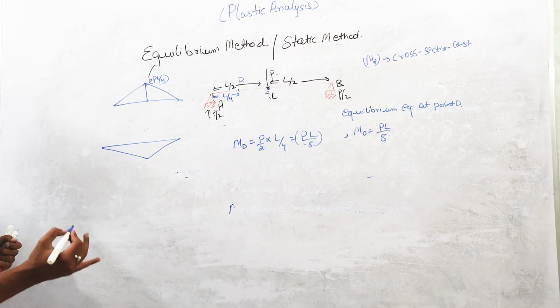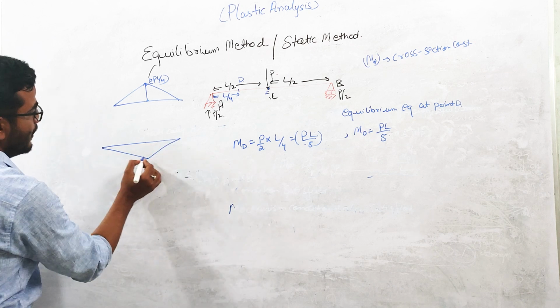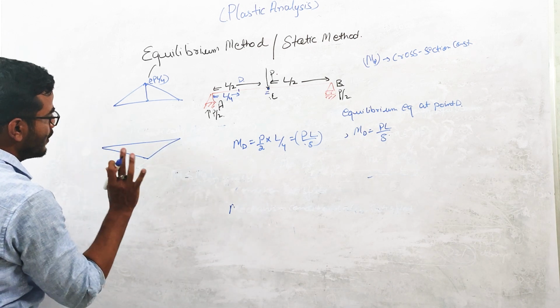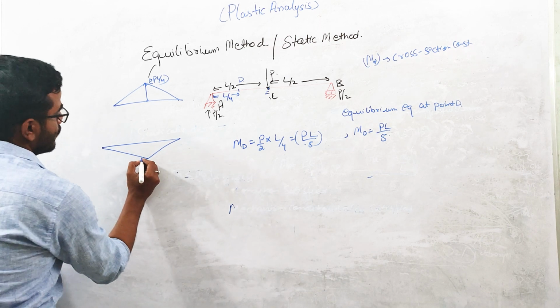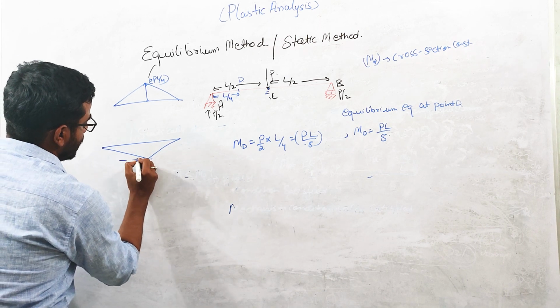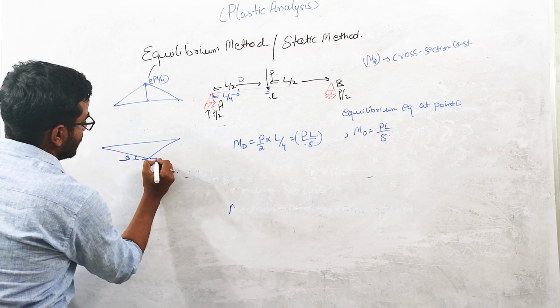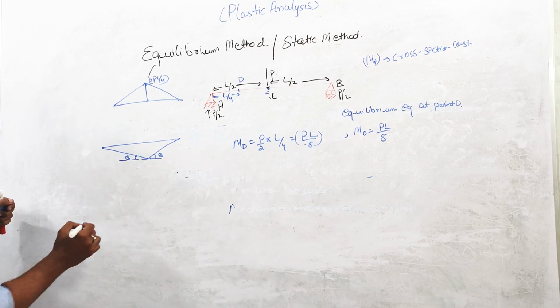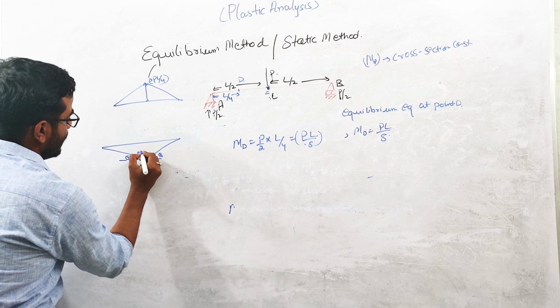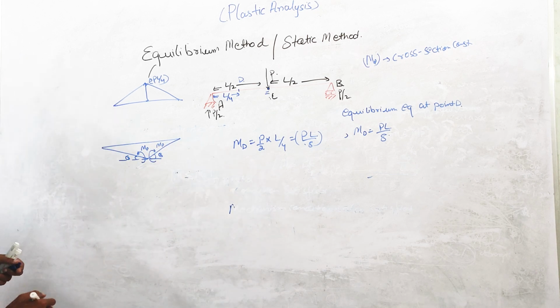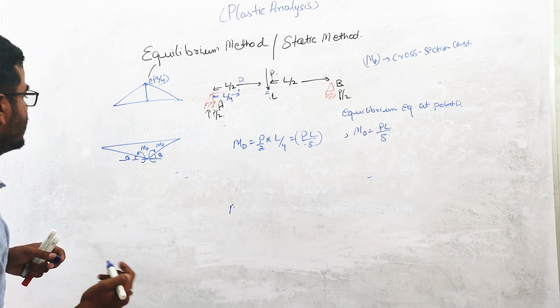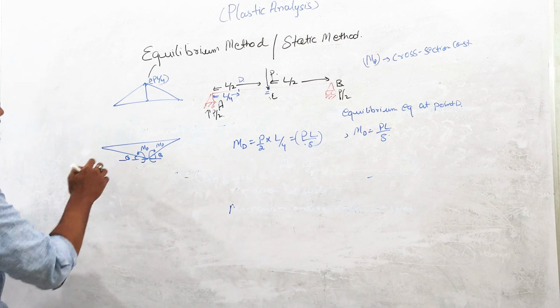Actually there will be some bending, but I'm just talking about during the collapse. This is theta, and MP is always opposite to this theta. The purpose of MP is to restrict this theta value.